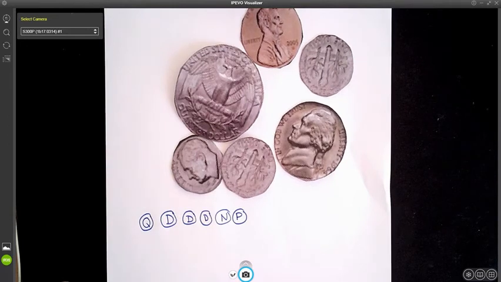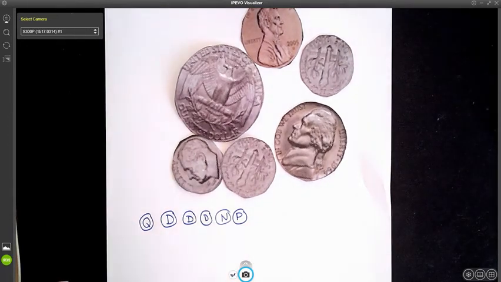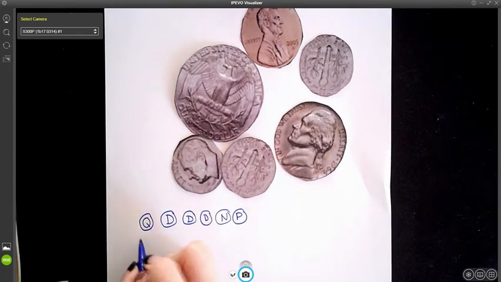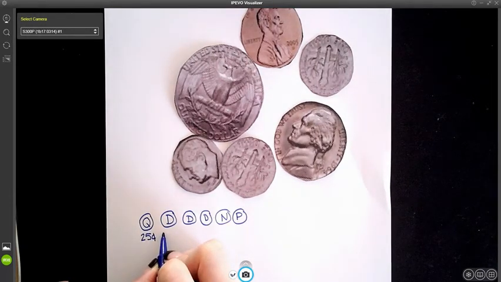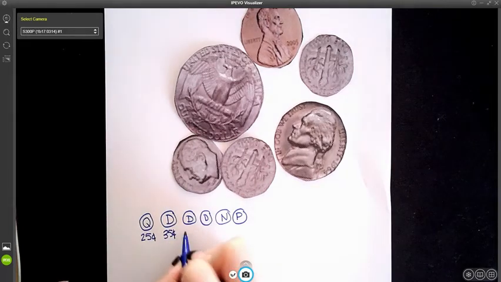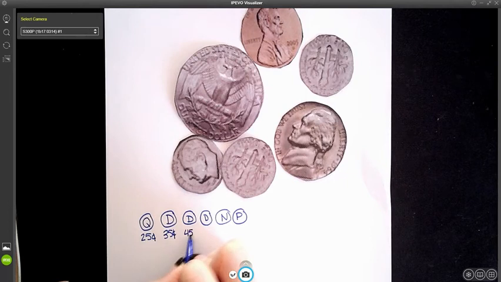Now, the second part here, it says find the total value and write it 2 ways. So here I have a quarter, 25 cents, plus a dime, which is 10. 25 plus 10 is 35, plus 1 more 10 is 45.